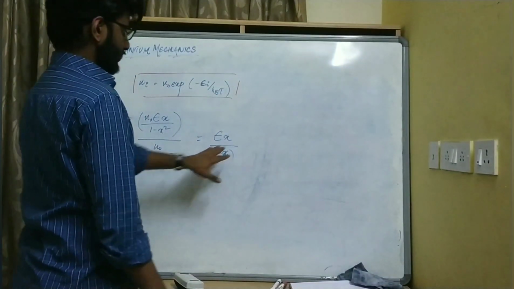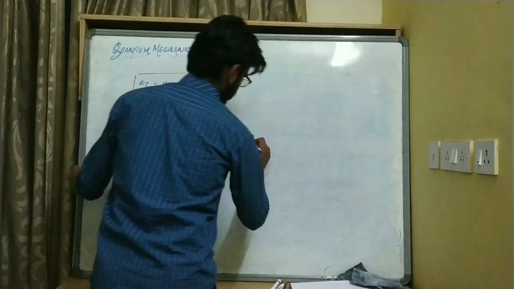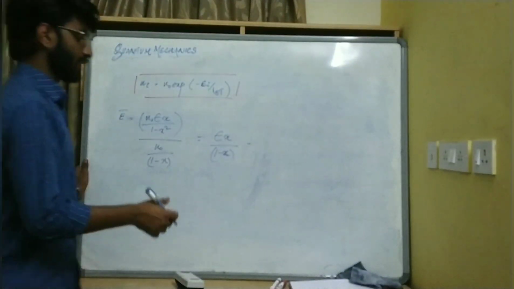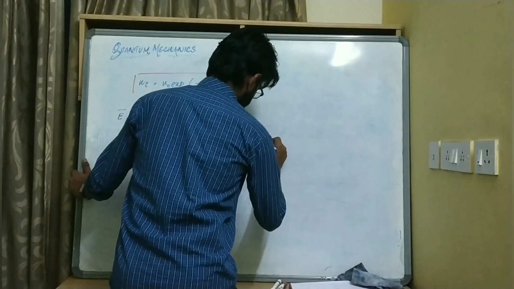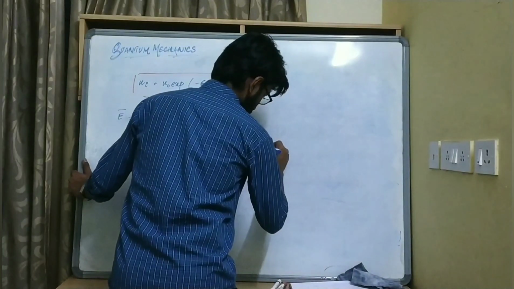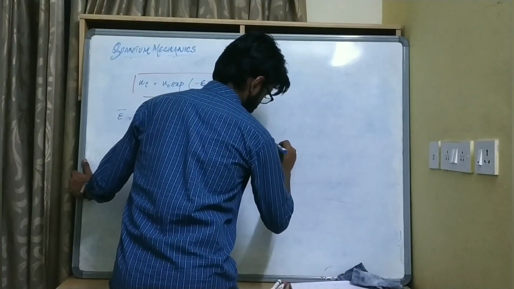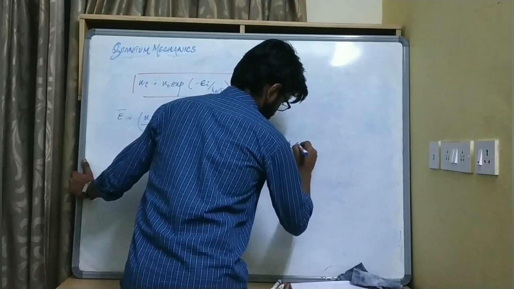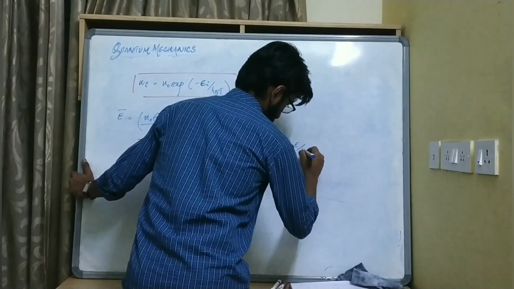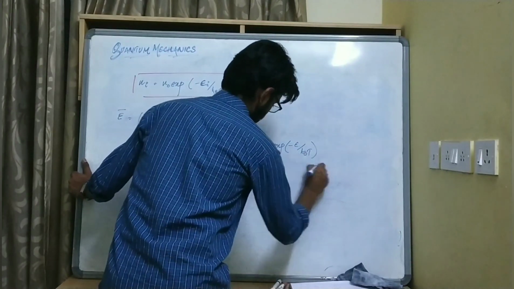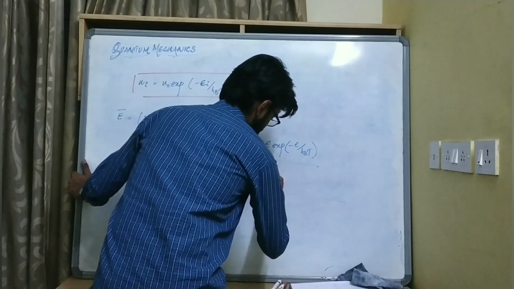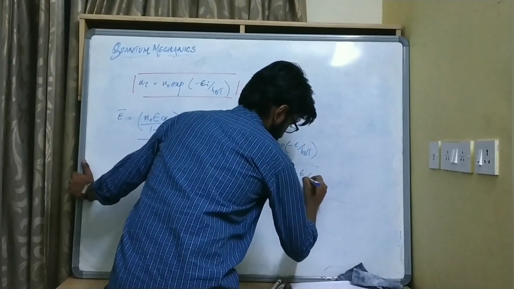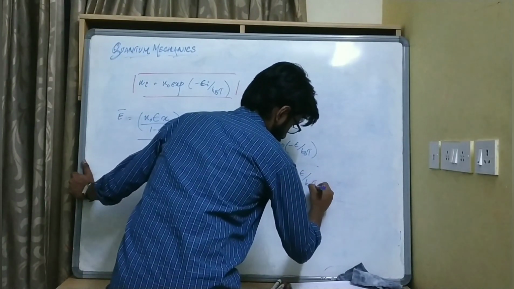and substituting x, as we have taken x to be exponential of minus epsilon by kBT, these terms become epsilon exponential minus epsilon by kBT by 1 minus exponential minus epsilon by kBT.